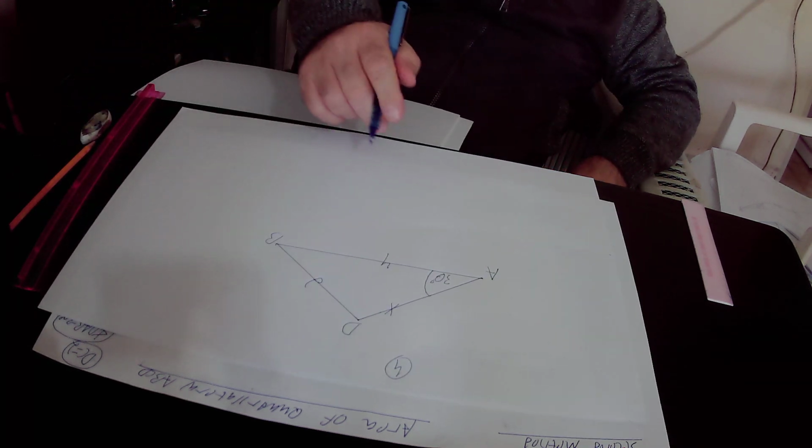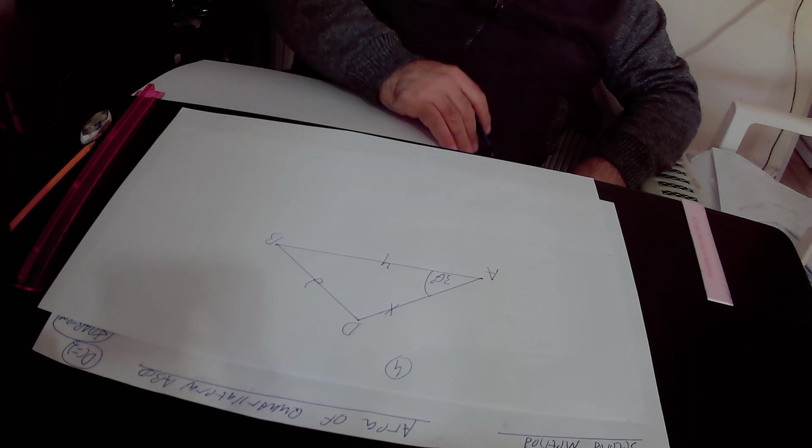So this is triangle ADB that I copied from the original drawing.